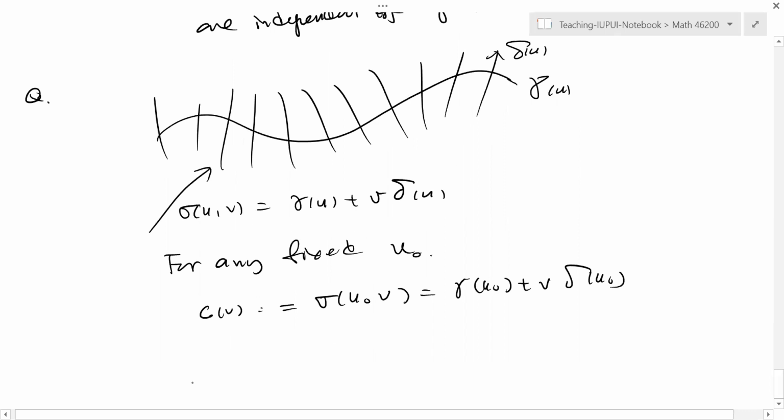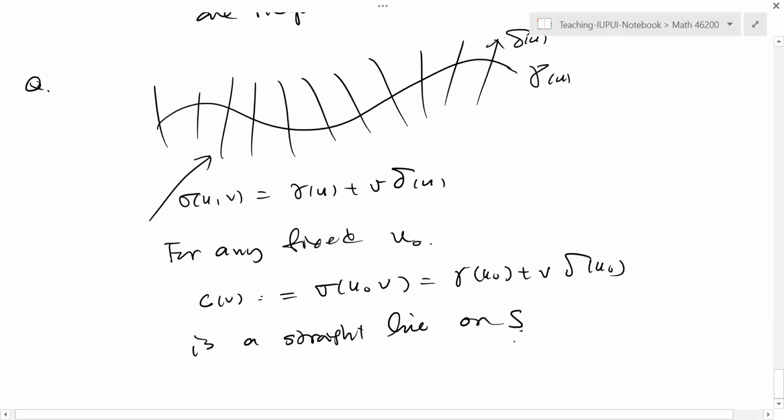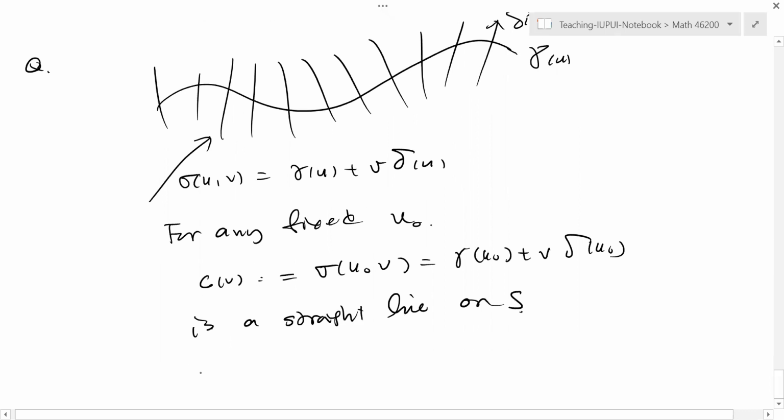That gives you a straight line, so it is a geodesic.